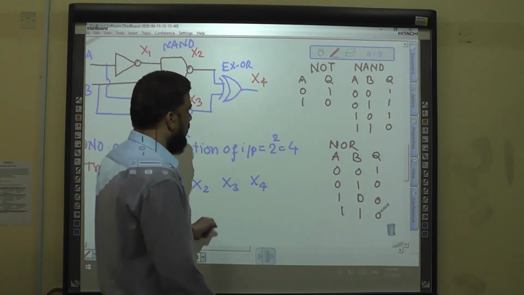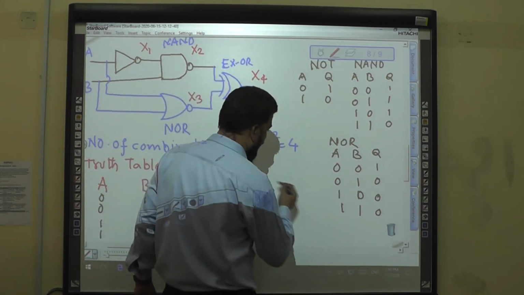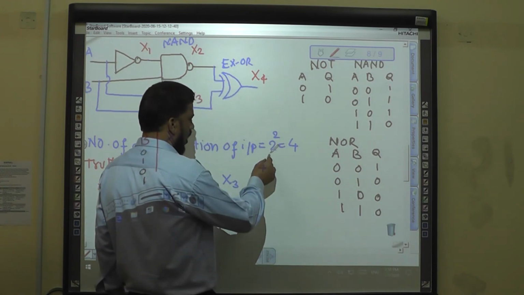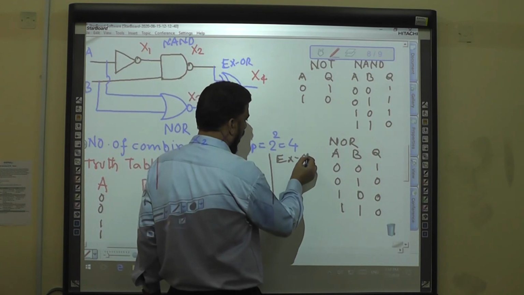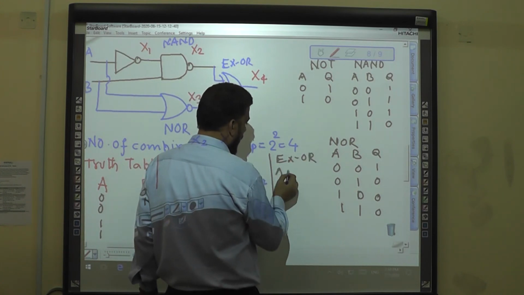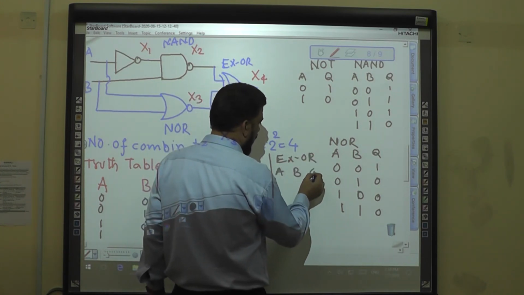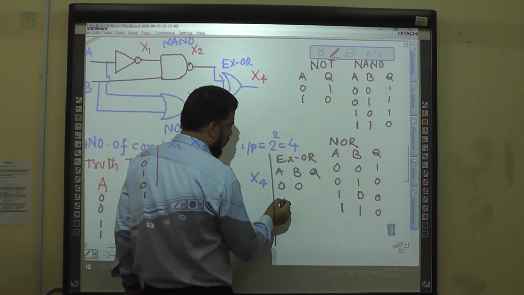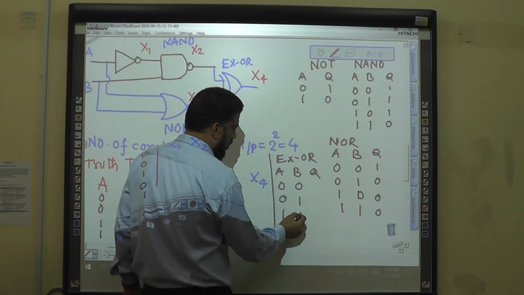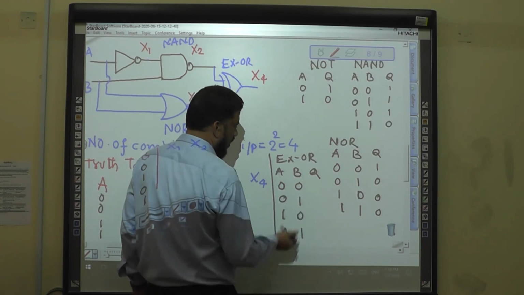And the last one is XOR. A, B, and Q: 0 0, 0 1, 1 0, 1 1.